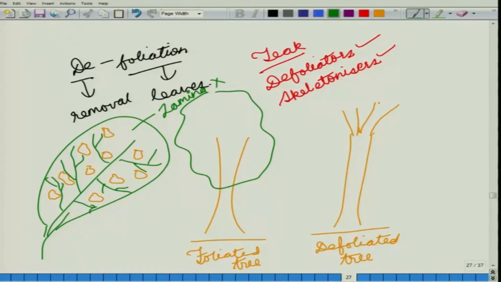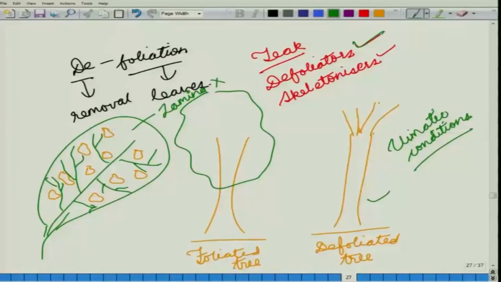So, some insects such as these defoliators can result in the defoliation of a tree. Also, some climatic conditions might result in defoliation. For instance, in the case of a deciduous tree, if it is exposed to a dry spell, then it will shed all its leaves as a way of conserving moisture. So, that can also lead to defoliation.